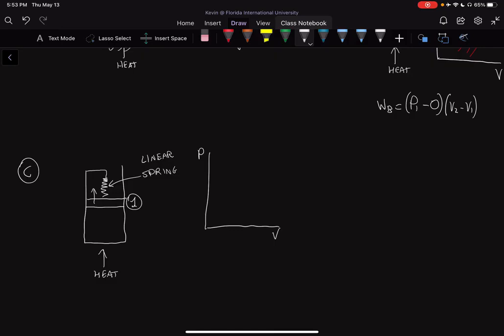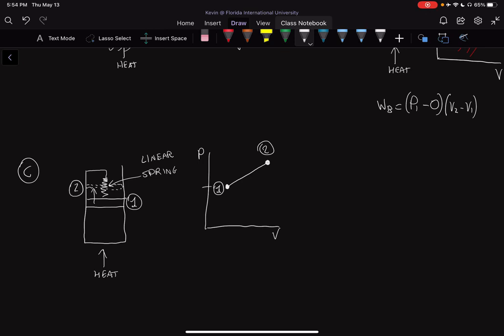In this special case, we start at a low volume in position 1, and because we're going against a spring, we have more and more pressure as the volume increases, due to the fact that we're against a linear spring. The final position could be somewhere higher here, and this could be position 2.